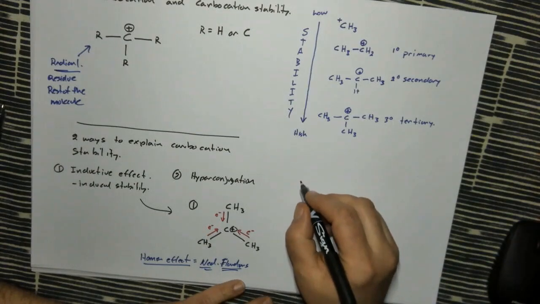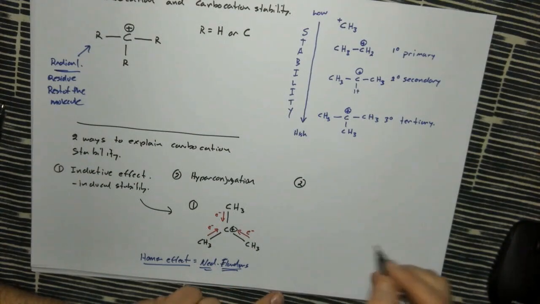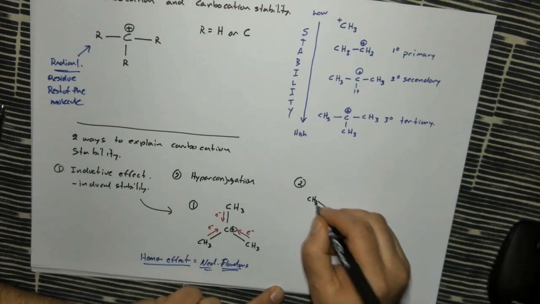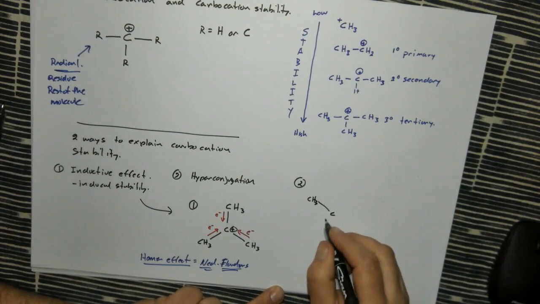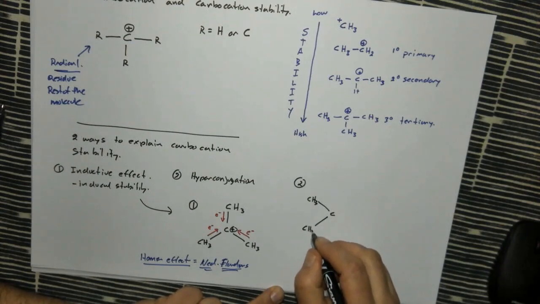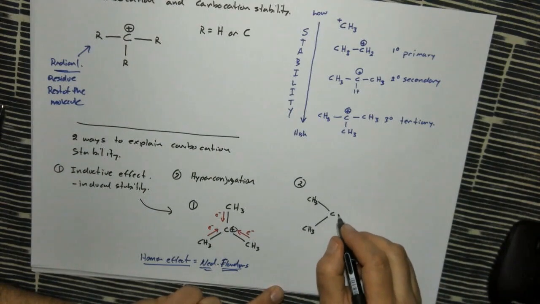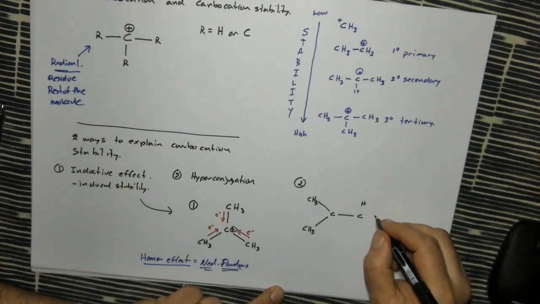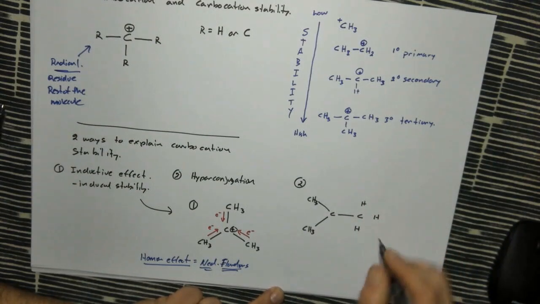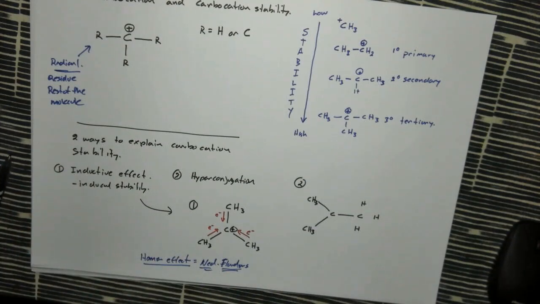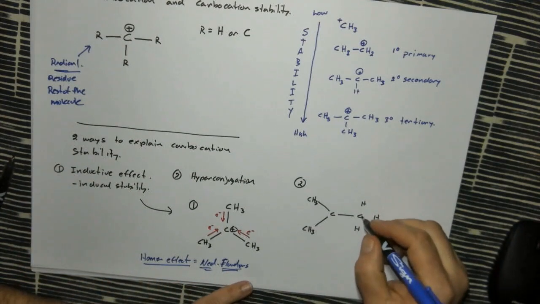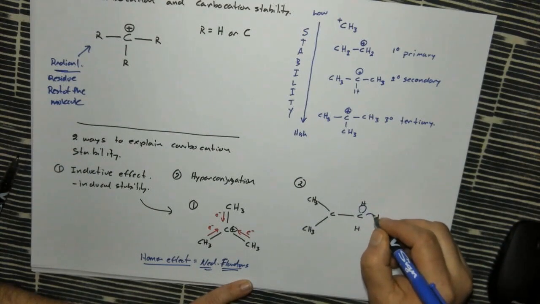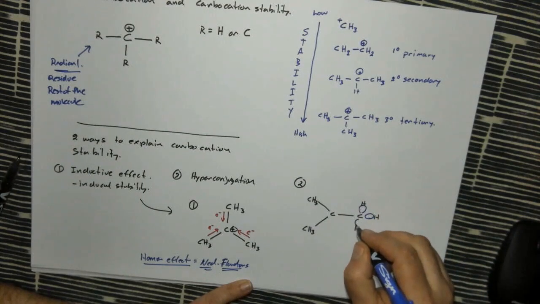The second explanatory model or way of explaining this is something called hyperconjugation. And hyperconjugation requires that you understand that the atoms in any molecule that are covalently bonded, so it has to be a molecule, right, are held together by orbitals or bonds.